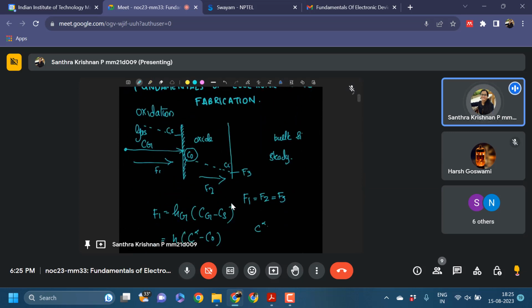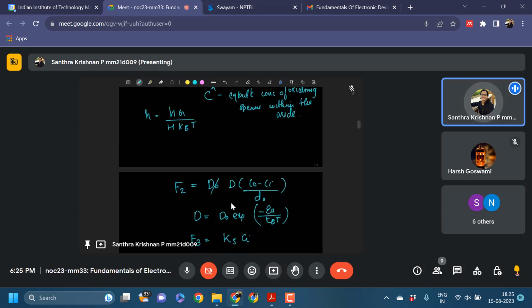From the examination point of view, I think most important will be understanding what the three fluxes are. F1, F2 and F3. F1 means oxidizing species coming from the gaseous phase to the surface, then diffusion through the oxide layer, and finally reaction between the existing oxide and the bulk silicon. That is F1, F2 and F3. So I hope this is clear for all of you.